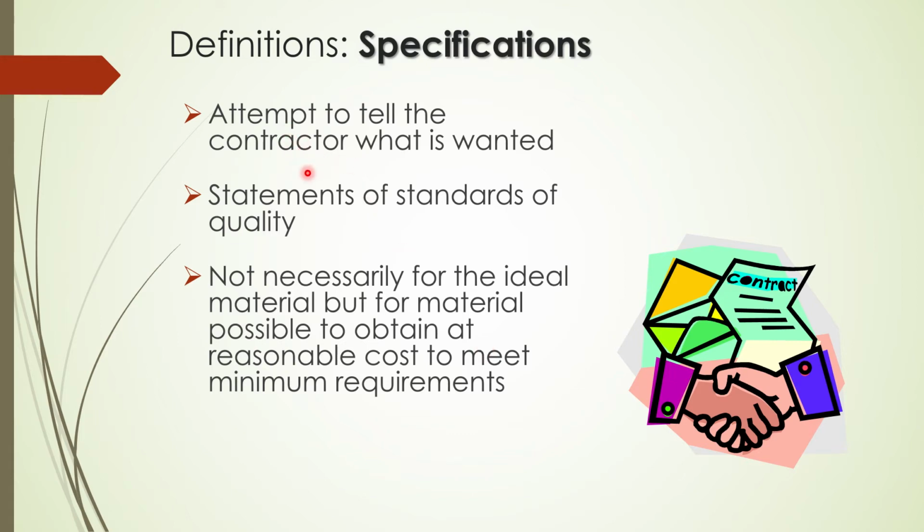Specifications attempt to tell the contractor what is wanted. Statements of standards of quality, not necessarily for the ideal material, but for material possible to obtain at a reasonable cost to meet minimum requirements. So this is a great example now in our COVID days. We may specify a certain product, but maybe due to COVID, that product cannot be produced.